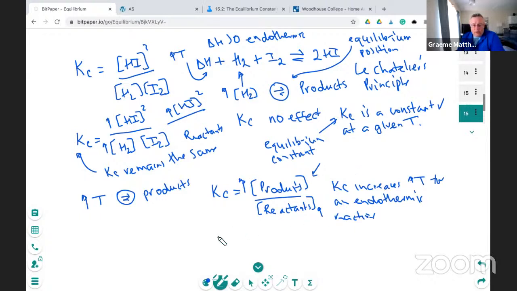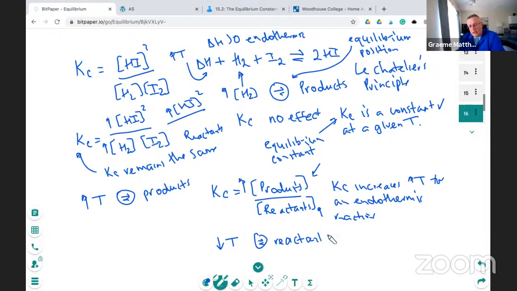So the converse would be, if you decrease the temperature, what's going to happen? You decrease the temperature, the equilibrium position is going to favor the reactants. Everything slides over to the left-hand side.